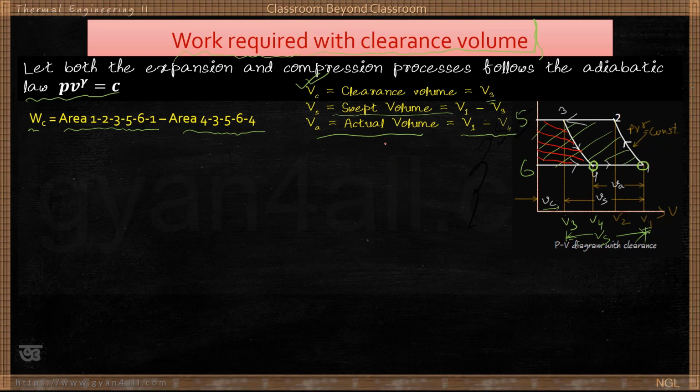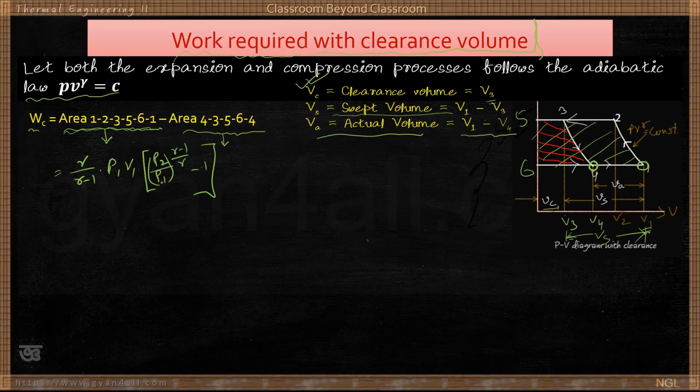In the previous chapters, we have deduced the formula for single stage. So what will be the work done during the area 1, 2, 3, 4, 5? So what will be the area? Gamma divided by gamma minus 1 into P1 V1, because the process is 1, 2, multiplied by P2 divided by P1 whole to the power gamma minus 1 by gamma, minus 1.